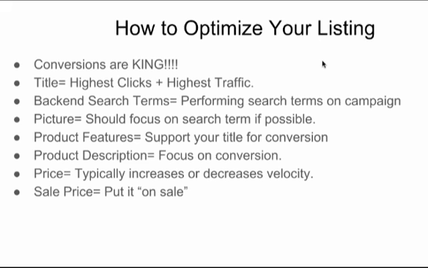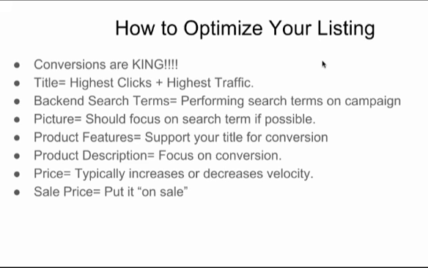But I put it in that order: highest clicks plus highest traffic. I don't like the highest traffic first, which would be impressions, just because if you get a ton of traffic but not a lot of people buy and not a lot of people interested, it actually hurts your Amazon listing.